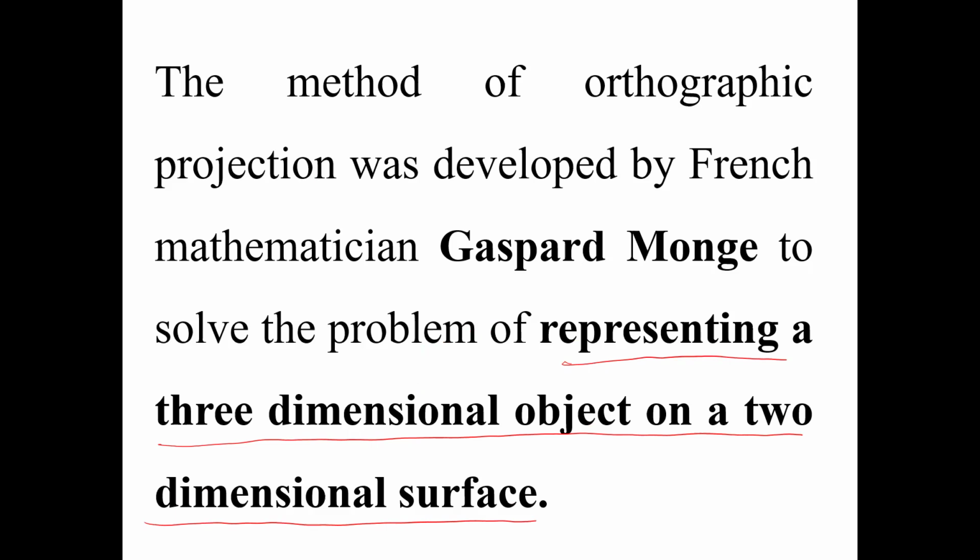French mathematician Gaspard Monge came up with the best possible solution, and the name of the method which he proposed is orthographic projection, which we are going to learn in detail in today's class. This orthographic projection was a tool introduced by Gaspard Monge, which was able to solve this particular problem of representing three-dimensional objects on two-dimensional surfaces.